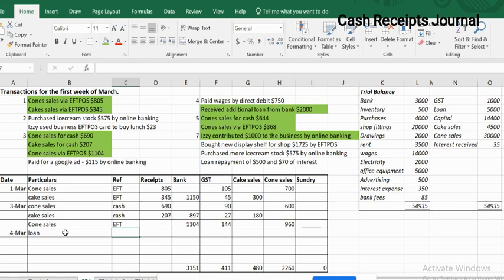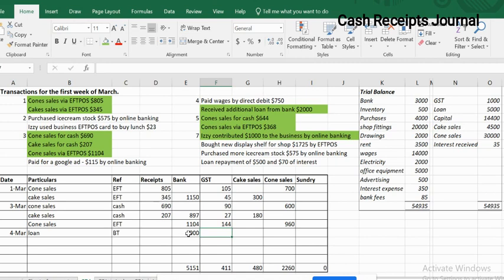So I can use something like BT as a reference for bank transfer, or I could put BS for bank statement, something along those lines. Now, because it's going straight into our bank account, it's going to go straight into the bank here too. It's not going to go in receipts because we didn't actually get to touch the cash before it landed in our bank. Now, loans don't have GST.